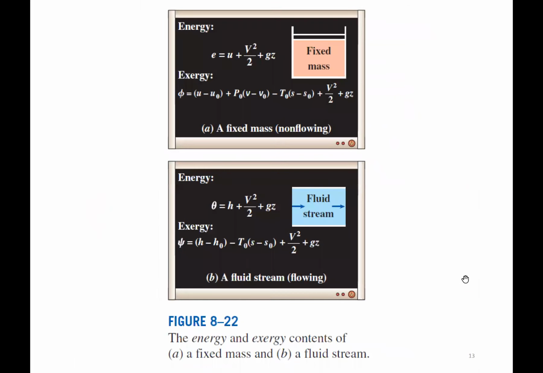All right, here's the nice slide that simplifies all the stuff we just did. We have our closed system, a fixed mass system.